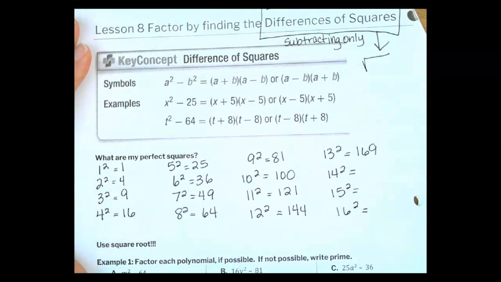Usually we go up to 16 squared, so let's grab the calculator.